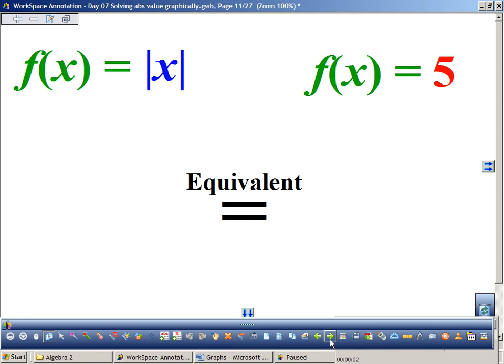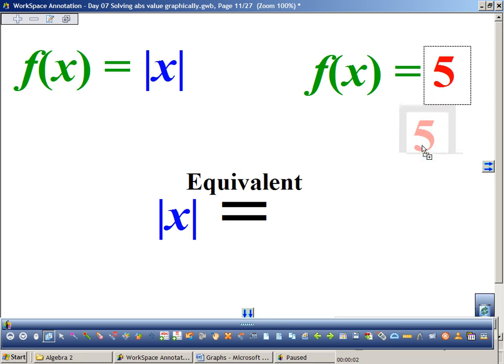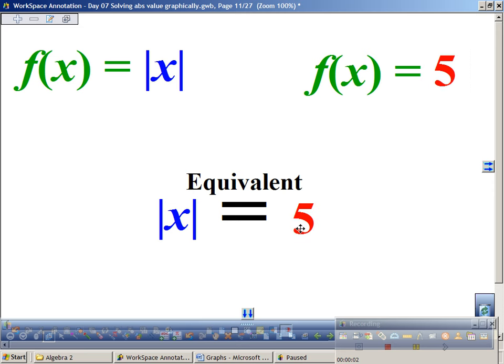Okay. So if I tell you that this f of x, or this function, is equal to the absolute value of x, and if I tell you that this function is equal to 5, would you agree that they're equal to each other? I'm going to let you think about that for a second.